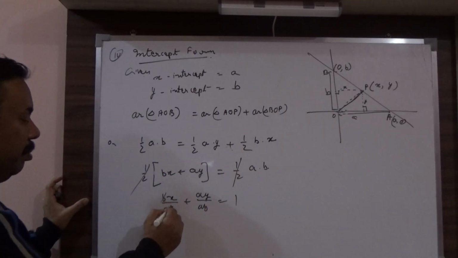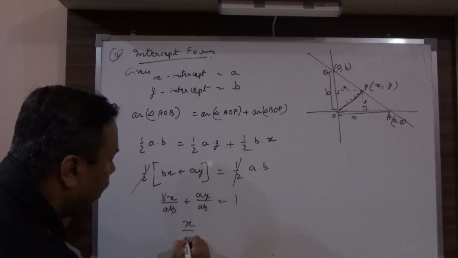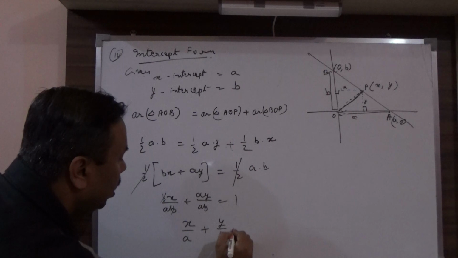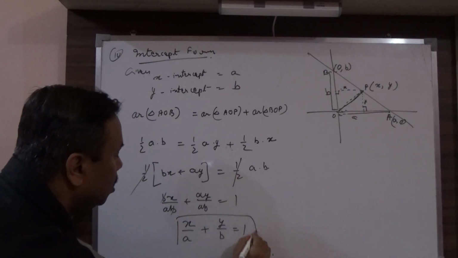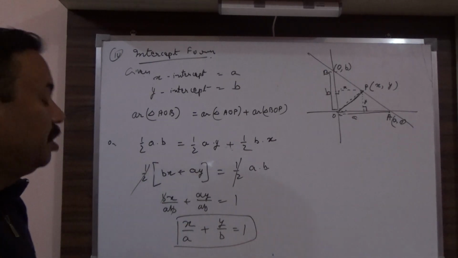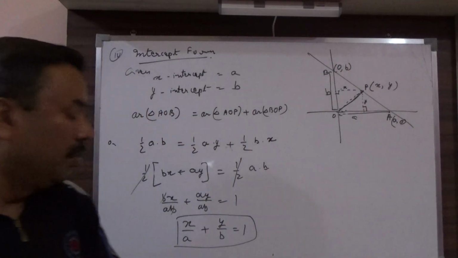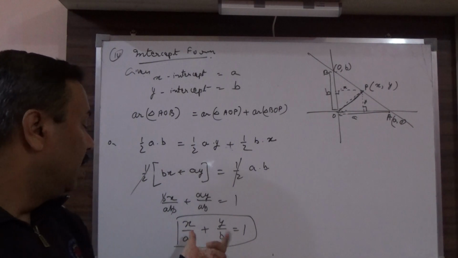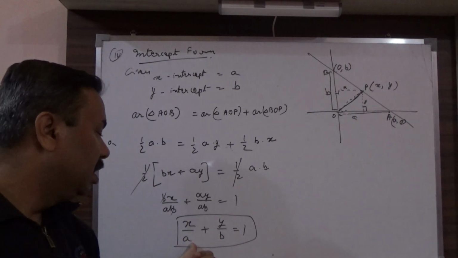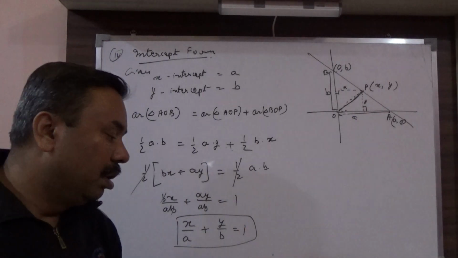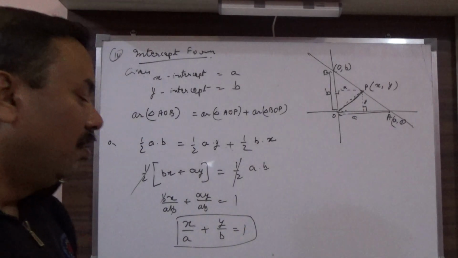From this, B gets cancelled, so you get X over A plus Y over B is equal to 1. And this is your standard form of equation in intercept form, that is X over X-intercept plus Y over Y-intercept equal to 1. So this is your one method.